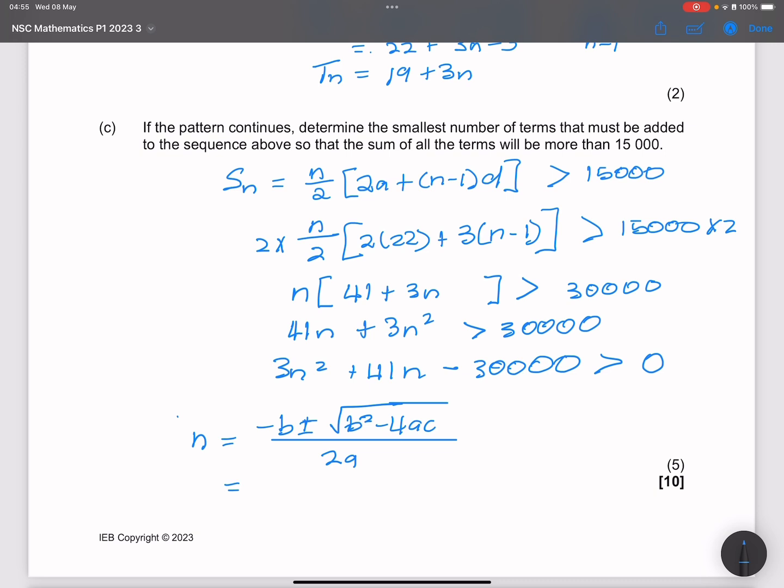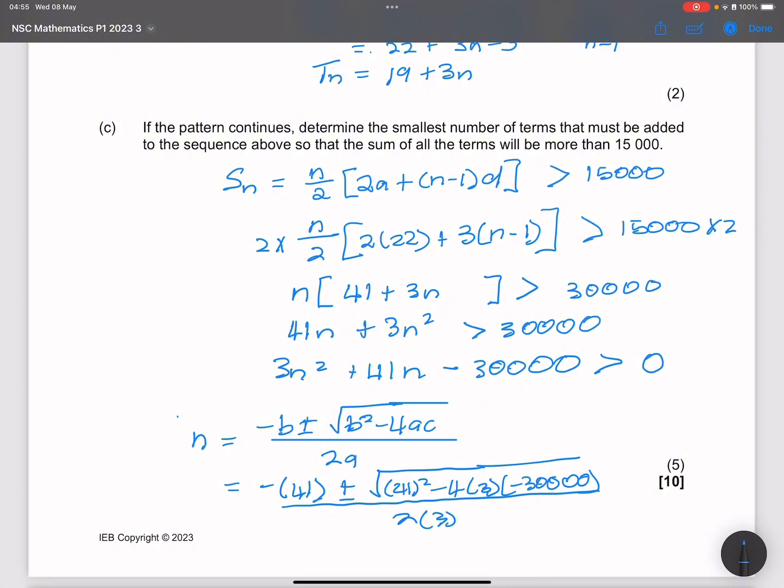Okay, if we substitute there, so that's minus 41 plus or minus the square root of, let's see, we've got 41 squared minus 4 times our a is 3, and our c value is negative 30,000. Okay, and we're going to divide all of this by 2 times 3.